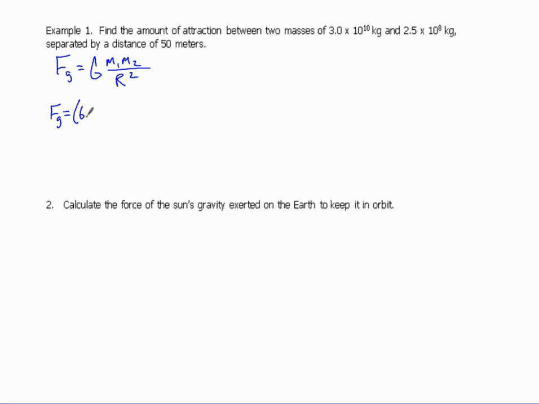Fg, so your gravitational constant, 6.67 times 10 to the negative 11th newtons times meter squared per kilogram squared.